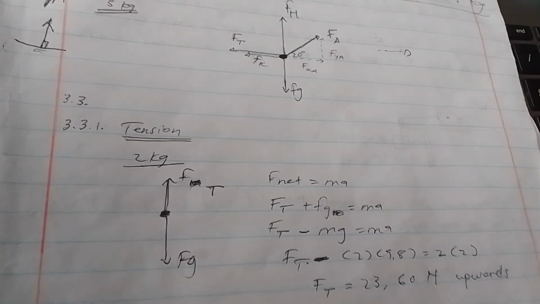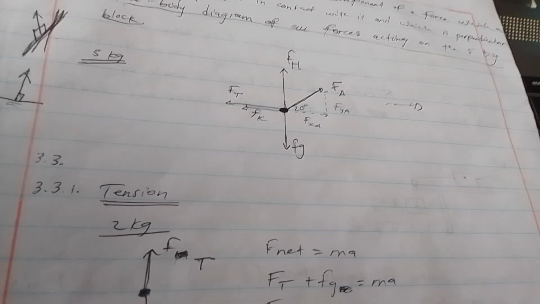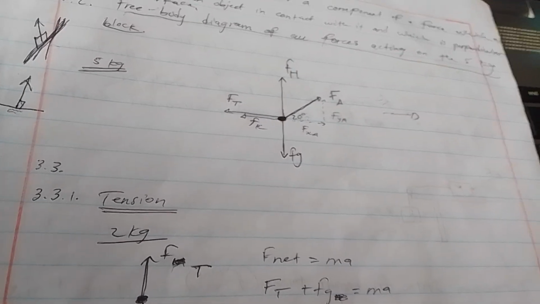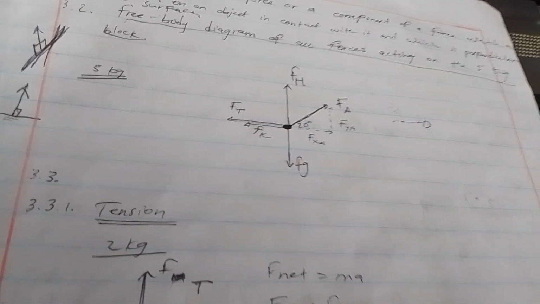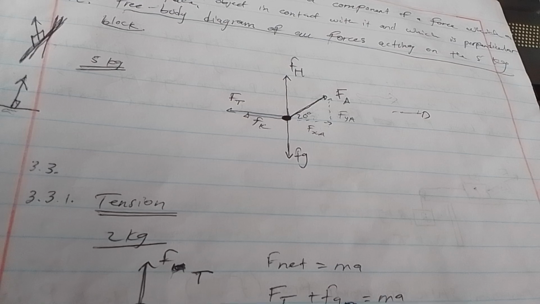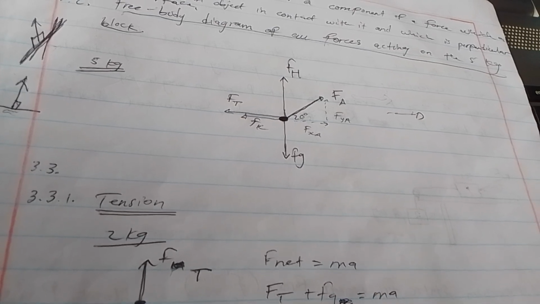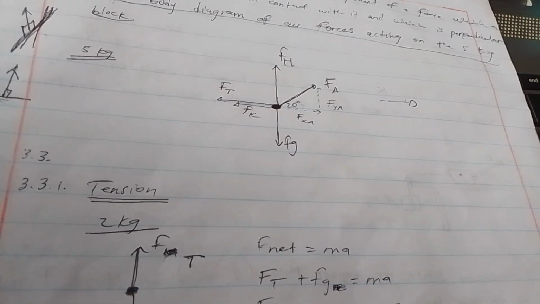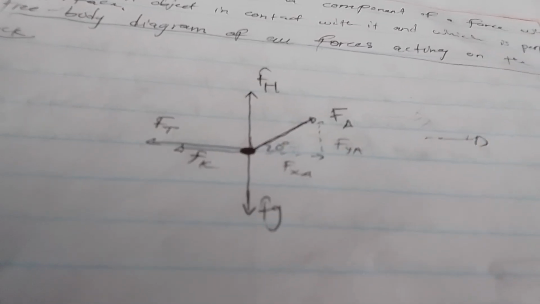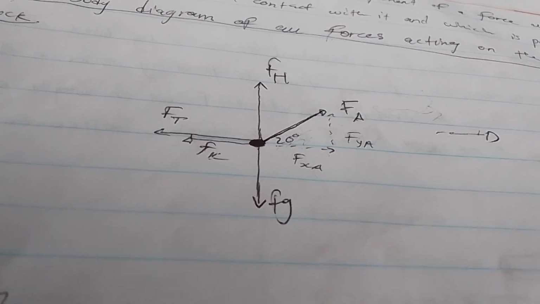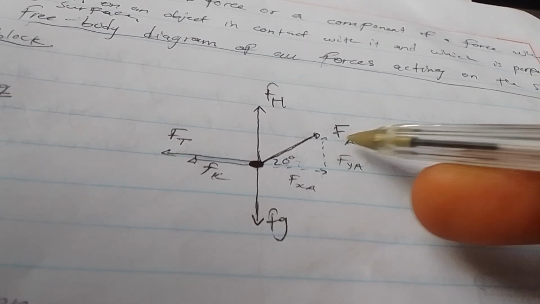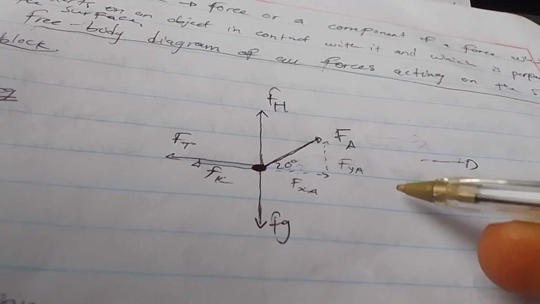So on our 5 kg block, we don't have the Ft value, and also we don't have the force applied. Don't forget, we don't have the value of Fa.